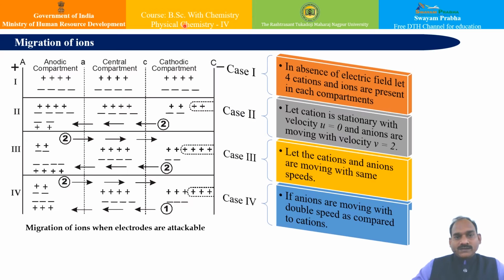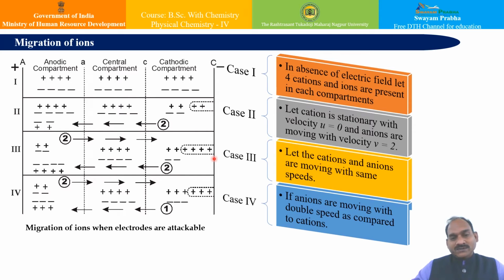So, friends, in our previous lecture, we have seen the migration of ions when the electrodes are not attackable. We have taken the example of platinum electrodes, and then we have put the 4 cases, wherein the first case is the absence of electric field, the second case is the cations kept stationary and anions are moving with some speed.